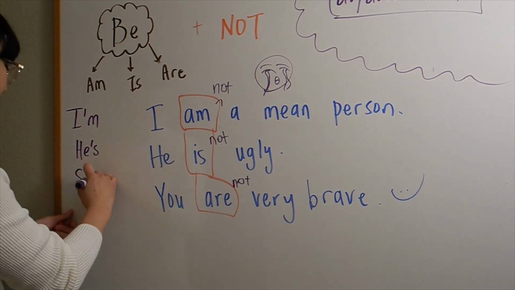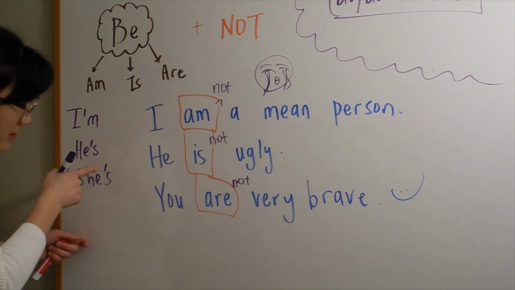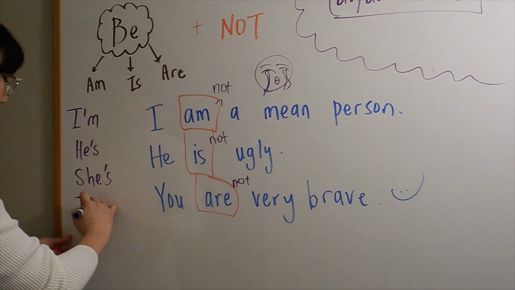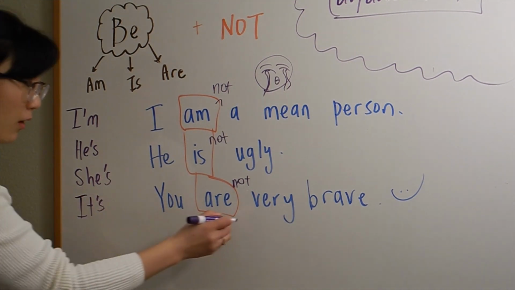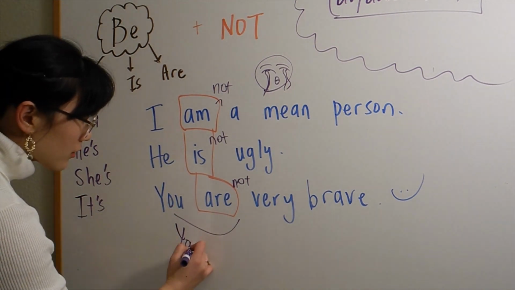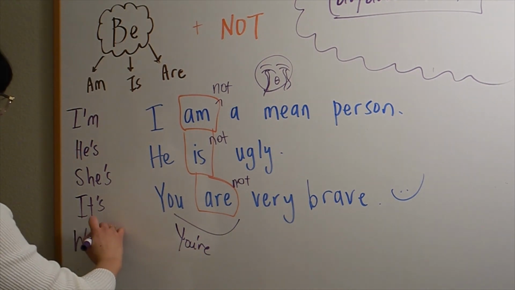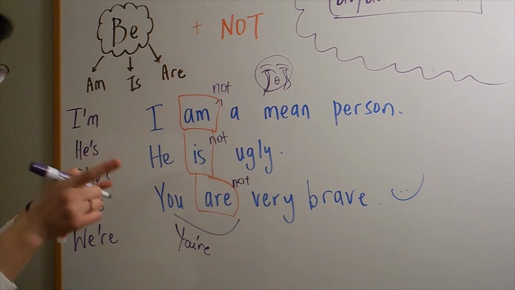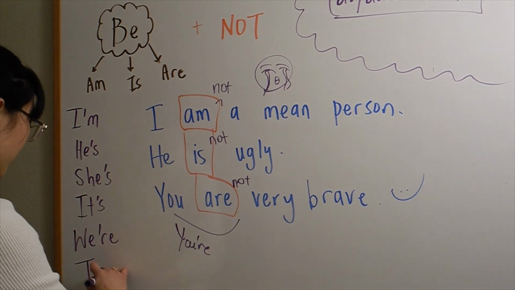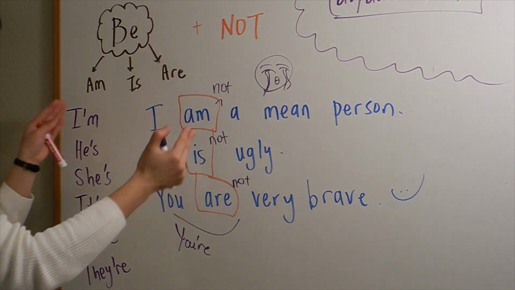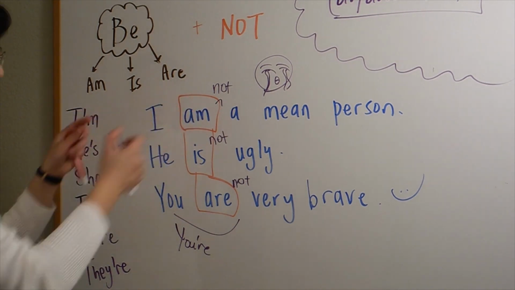Or she's. It's very important you include this apostrophe or it's, right? Or you are, you're. What about we are, we're. They are, they're. Right? These are examples of combining the pronoun and the verb.